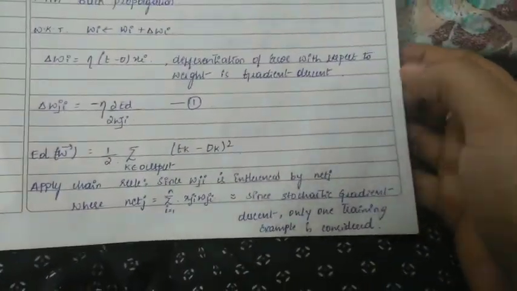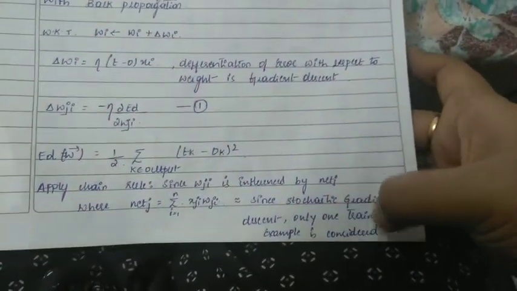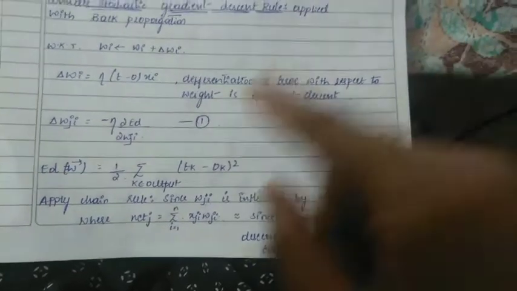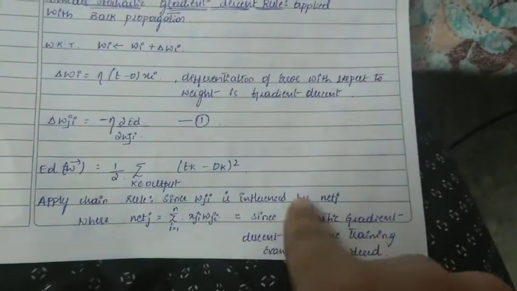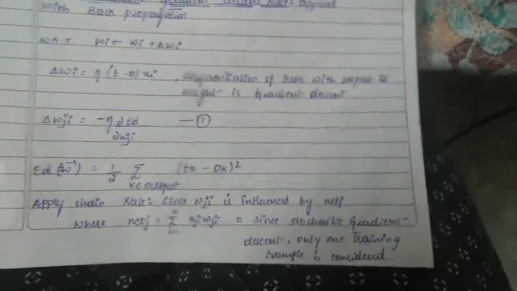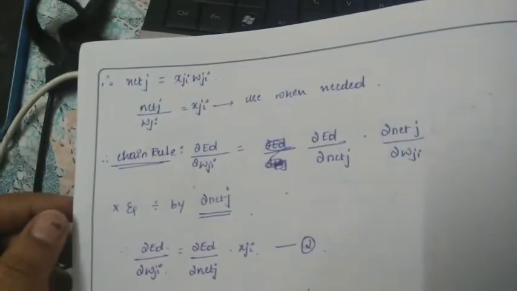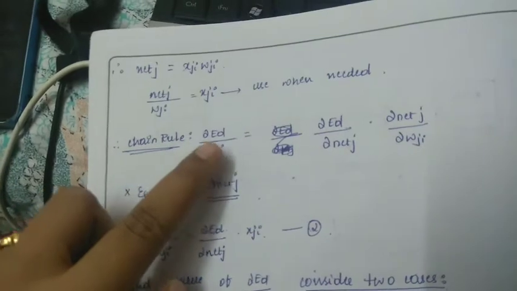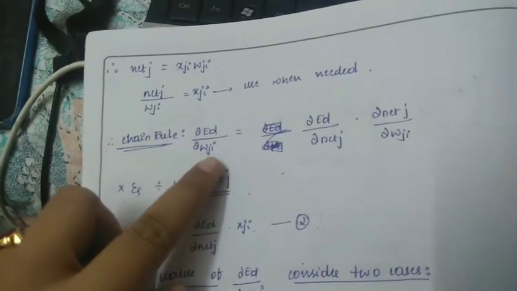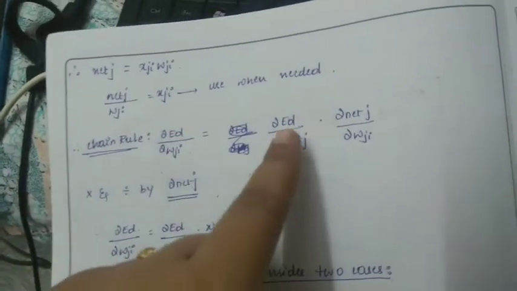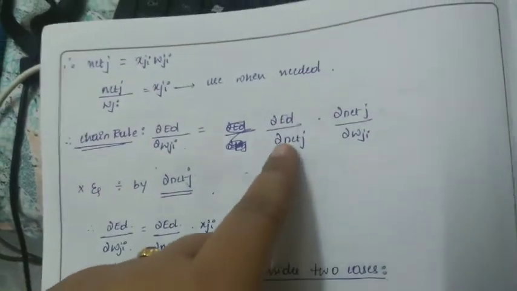So now the weight is, since it is stochastic gradient descent, only one training example has been considered. The w_ji here is influenced by net_j. So when we apply the chain rule, or when we multiply and divide, delta E_d by delta w_ji is equal to the differentiation of E_d divided by net_j.